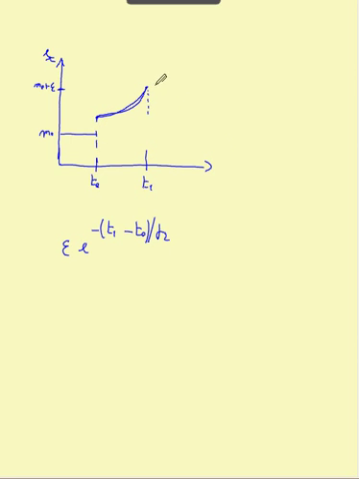In t1, the exchange rate will be equal to m0 plus epsilon forever. This is the dynamics.